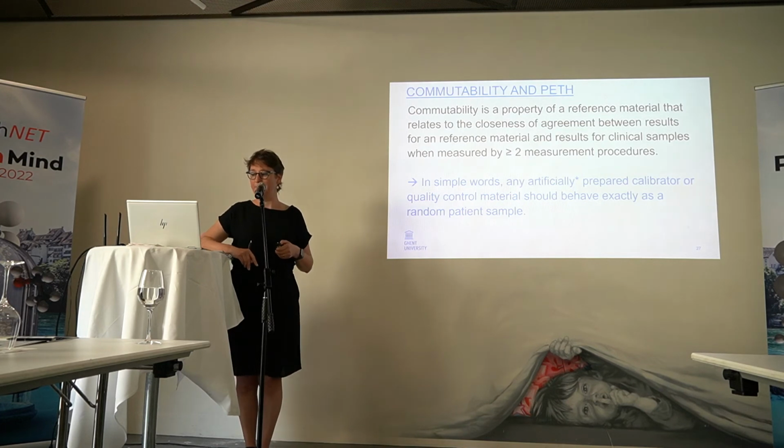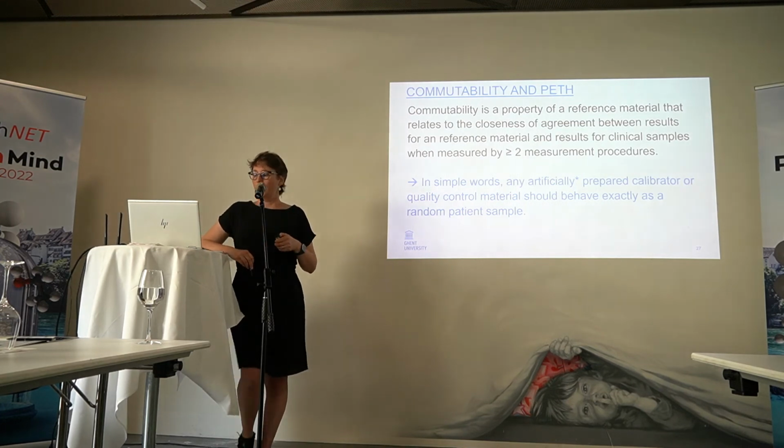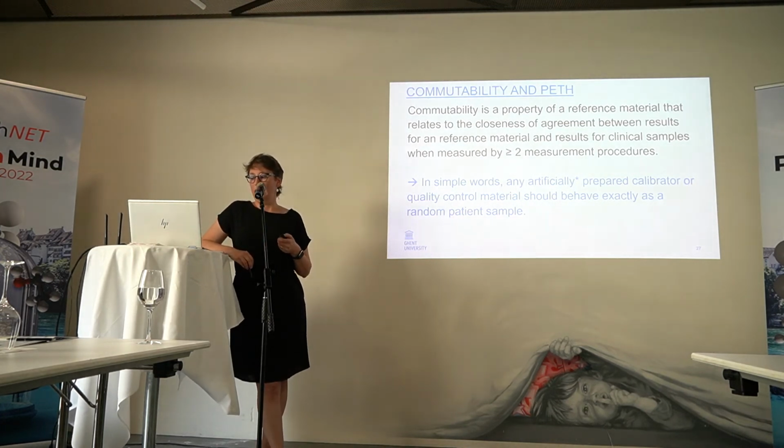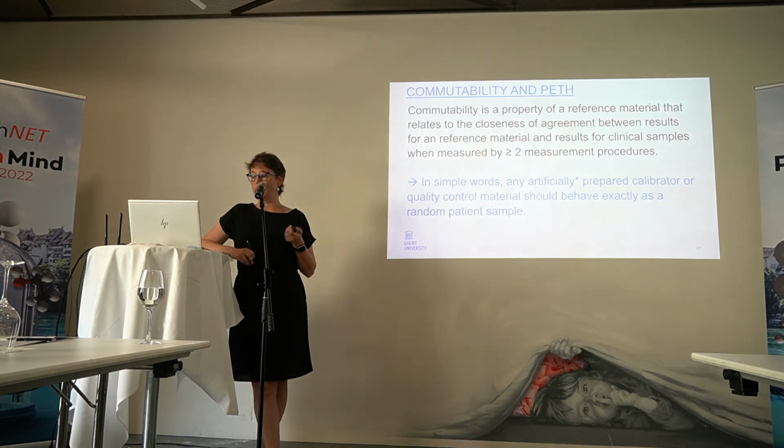Commutability and PET. The definition for commutability is that it's a property of a reference material that relates to the closeness of agreement between results of this reference material and the result of a clinical analyte sample when measured by more than 2 procedures.